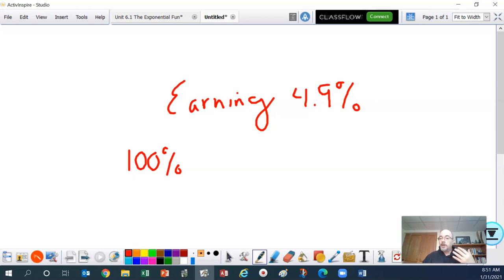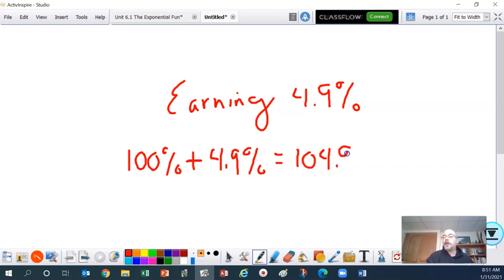That means they're going to pay you that much money. So you're going to add that 4.9% to the 100%, which is your money. Okay, that's representing your money, right? So at the end of the year, you have 104.9% of the money. That means you have more than you started with, right?